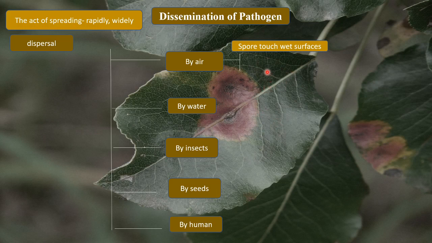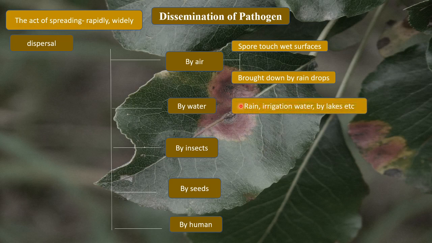And it will get trapped in the water droplet, and there it will start infection. Another method is when rain falls; the spores moving in the air are brought down by the raindrops, right? Then by water, it can spread through rain, irrigation water, or lakes. This can go from one place to another, and the spores might reach there.